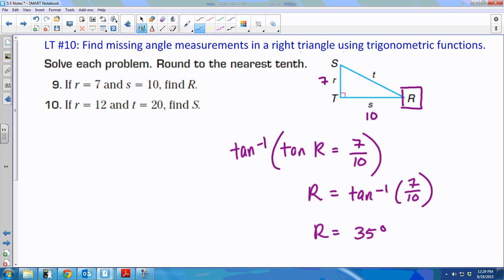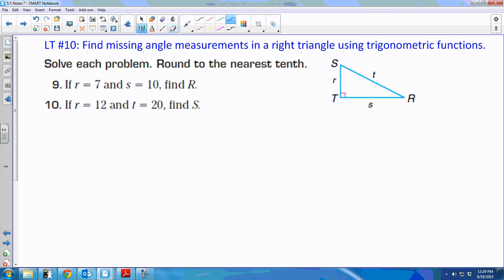Questions about that one? Okay, can I erase that one? All right, on the second one, side R is 12 units and side T is 20 units, to find angle S. This time, from angle S, we have the adjacent side and the hypotenuse, so we're going to use cosine.